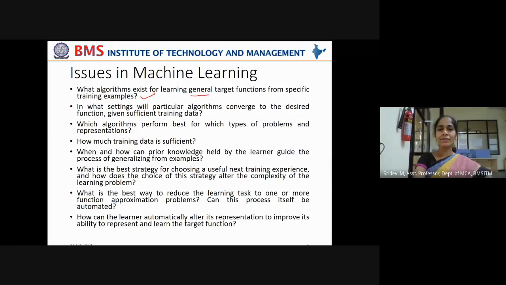I'll underline the words general and specific. What do we mean by that? You're selecting a target function which would generalize well, but you're learning it from specific training examples. When I am studying 1 million Indian students, am I studying the entire student population in India?